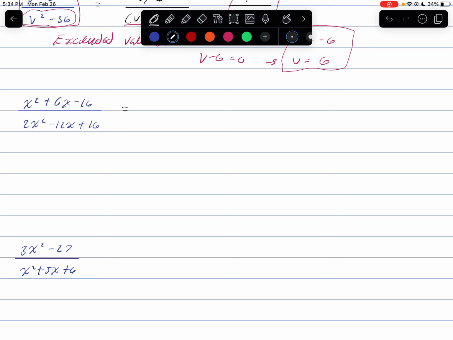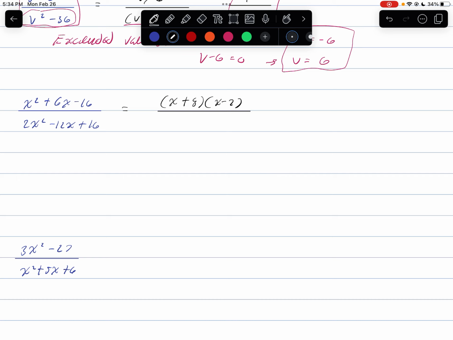We need two numbers that multiply together to give us negative 16, but also add together to give us 6. What would do that for us should be 8 and negative 2. If we multiply 8 times negative 2, we get negative 16. And 8 plus negative 2 should give us 6. So we can rewrite the numerator as x plus 8 times x minus 2.